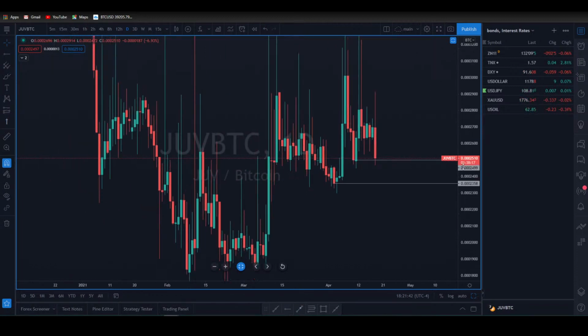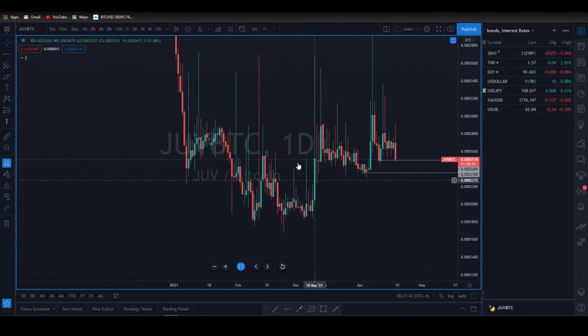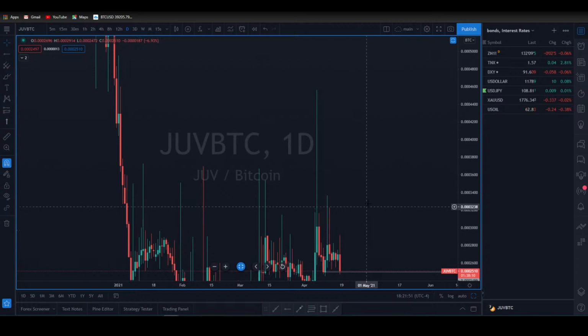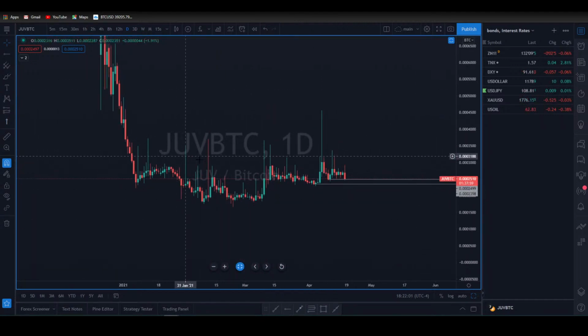If it's going to go higher, I would like for it to hold at one of these two areas. It's so wicky and crazy. Every time it gets above 3,200 Satoshis, it gets pummeled, beat up, beat down. It's not the best looking asset in the world. If you like the project, it's at a very good spot to buy, but not with margin.